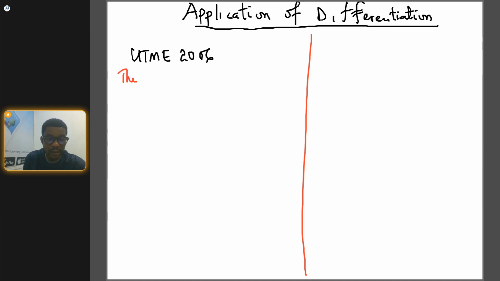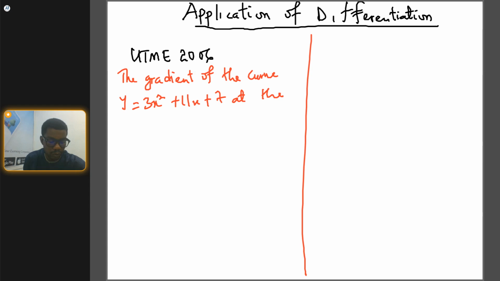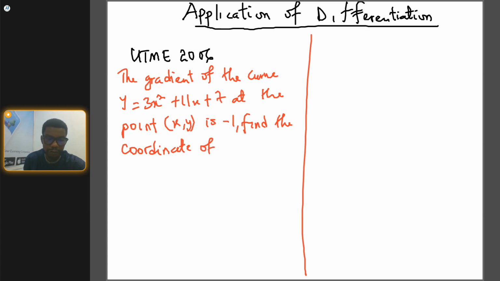The question says the gradient of the curve y equals 3x squared plus 11x plus 7 at the point P(x, y) is -1. Find the coordinates of P.